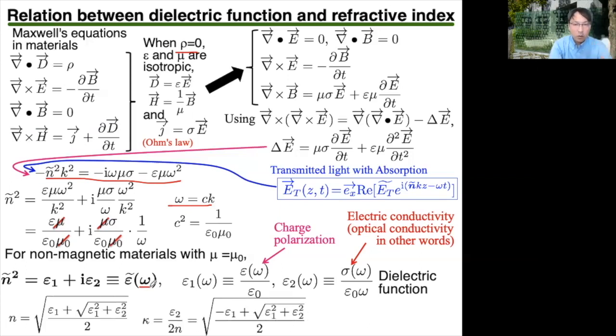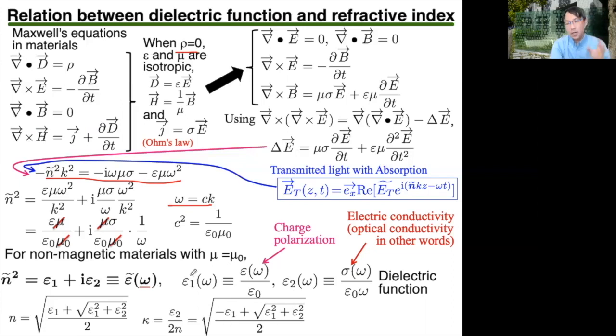Therefore, the complex refractive index n tilde, expressed as the square root of the dielectric function epsilon tilde, is also a function of angular frequency. Then the real and imaginary parts of the complex refractive index, n and kappa, are obtained as this formula, as a function of the real and imaginary parts of the dielectric function, epsilon 1 and epsilon 2.